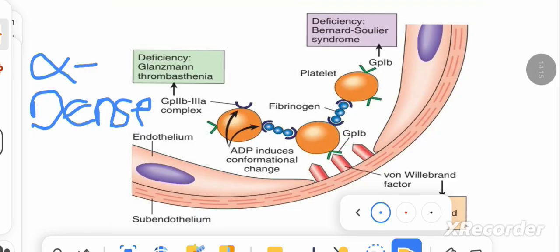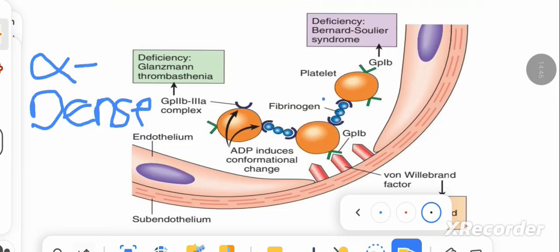So the fibrinogen will also lead to the link, attachment of these 2 platelets together, facilitated by the fibrinogen via what we call the glycoprotein receptor 2b and 3a. Okay, so those receptors will lead to attachment via the fibrinogen, forming a link between those platelets.